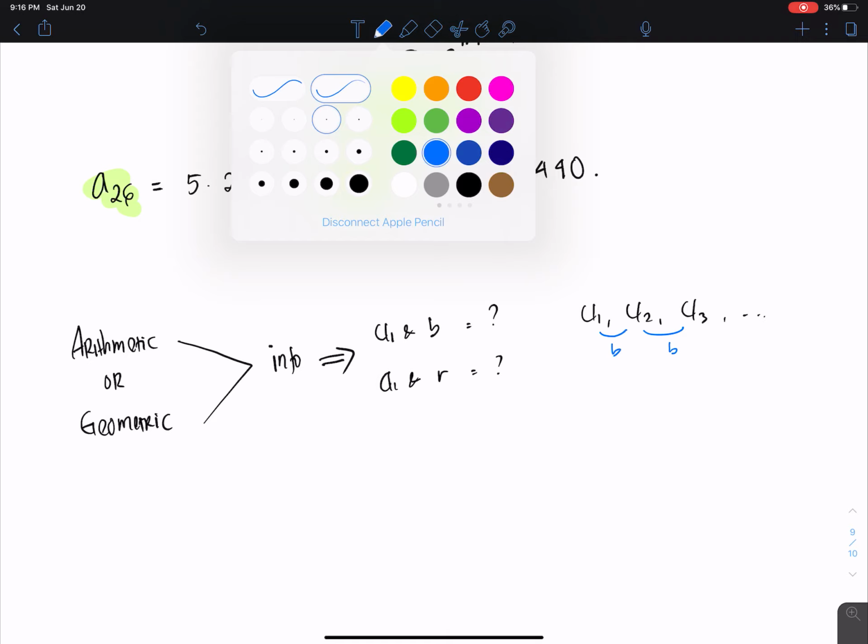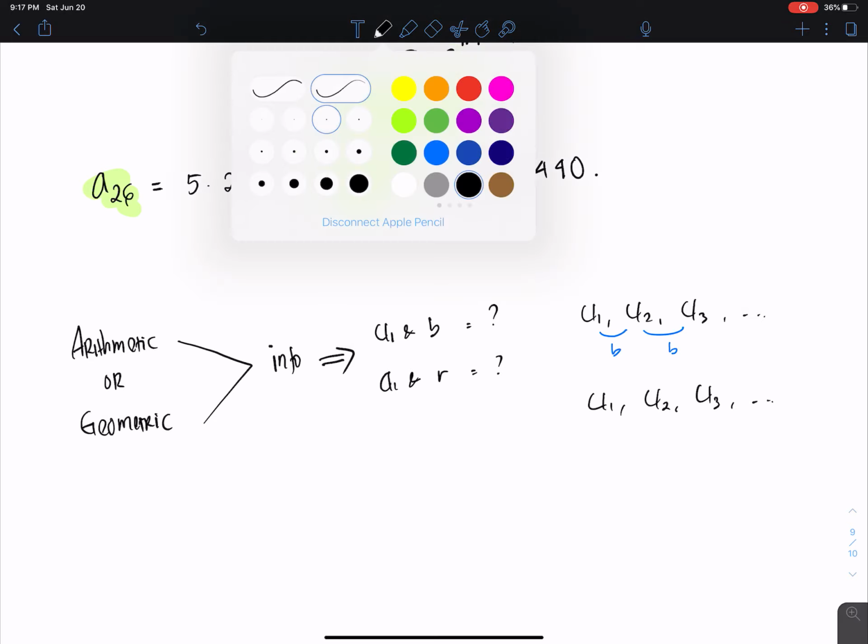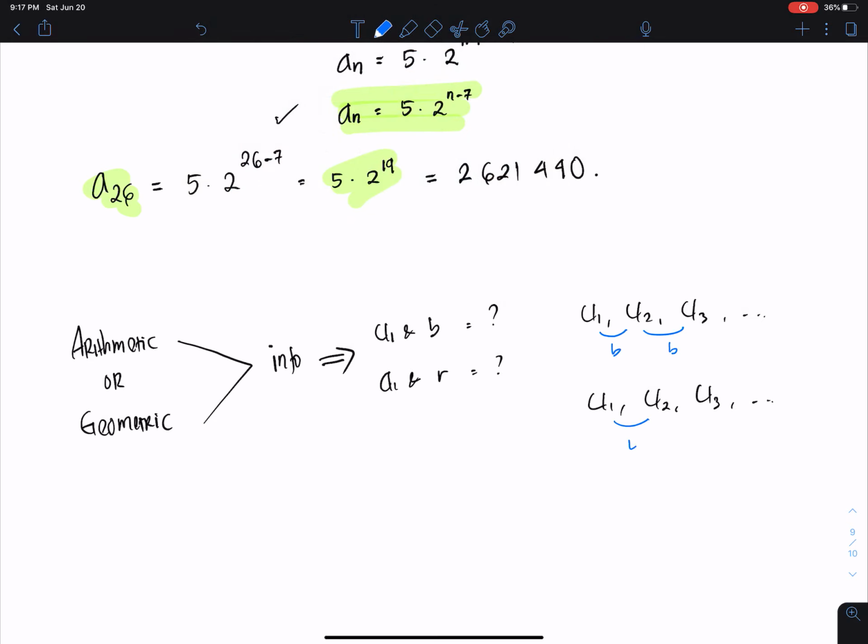But if the difference is not fixed, over here might be d, over here might be 2d or any numbers, meaning they are different, then what you need to check is whether they have the same ratio instead of difference. If they have the same ratio, then definitely that particular sequence is a geometric sequence.